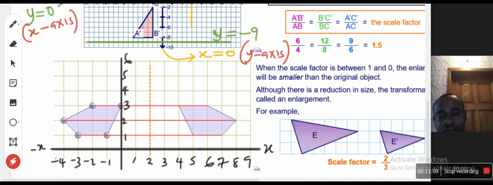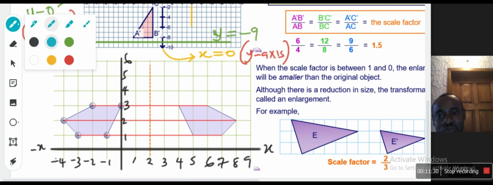The dotted line is the mirror line, and that's the one in between them. That's correct. So what's the equation of this mirror line? X is equal to 2. Beautiful. Say it properly: x equal to 2. You're right.